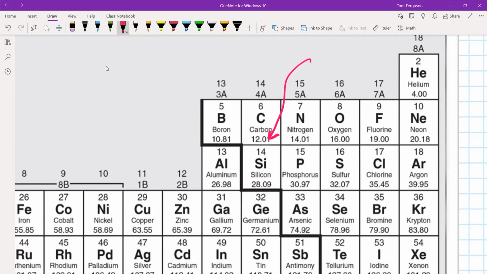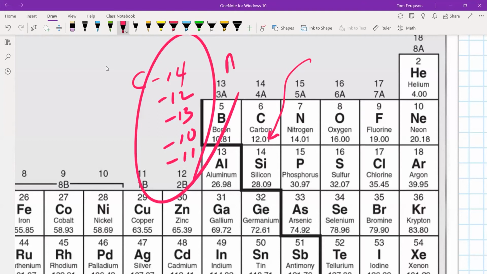That has to do with the naturally occurring isotopes of carbon, and there's a lot of them. All those together average 12.01. Okay, so that's why that's a decimal number. So the atomic mass is always a decimal number if there are multiple isotopes available for that particular element.